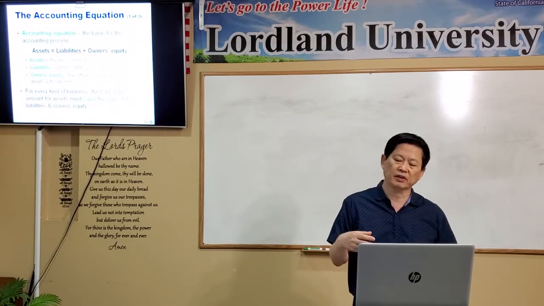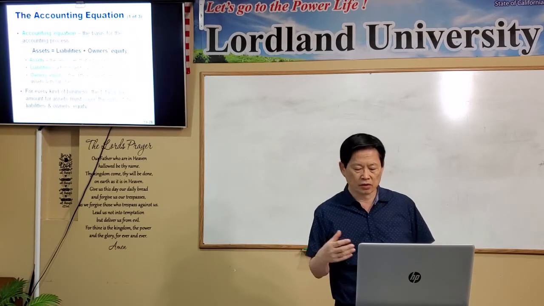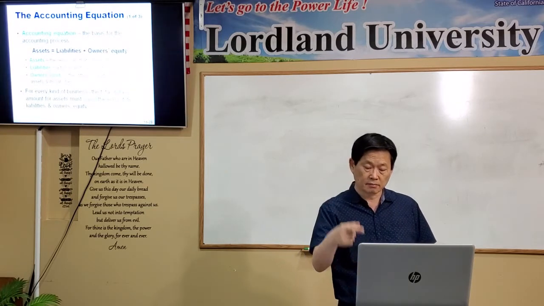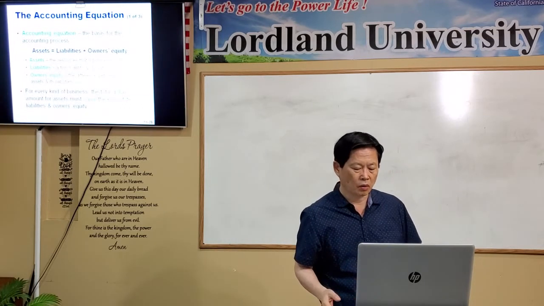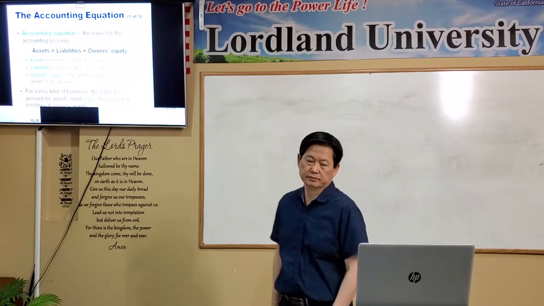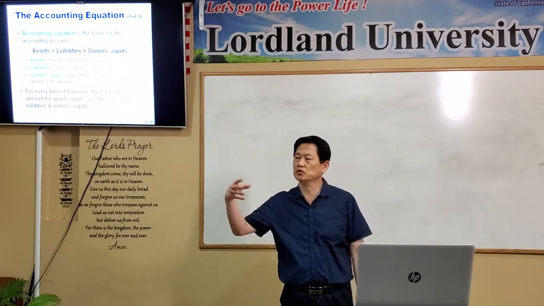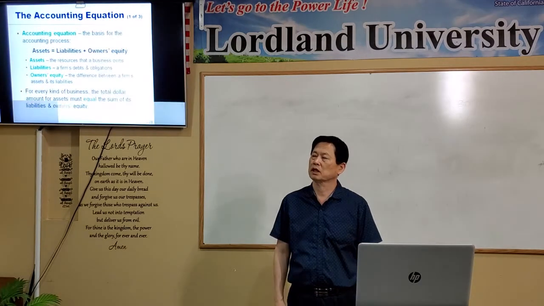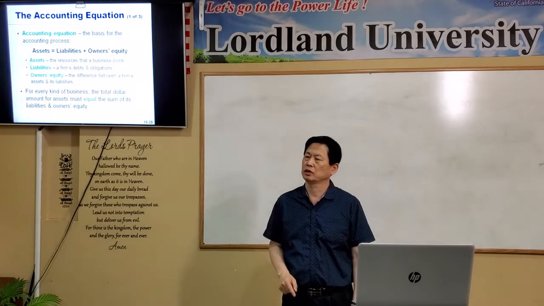Liability is the firm's debt and the firm's obligations. Owner's equity is the difference: assets minus liabilities equals owner's equity. Owner's equity is my money. Liability is the lender's money. Assets combine my money plus the lender's money.